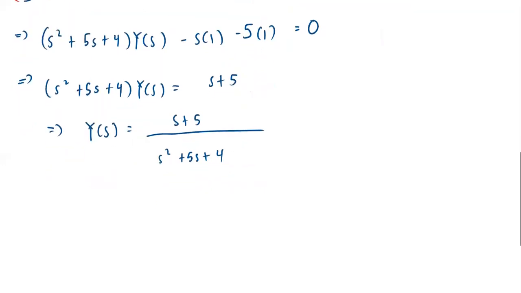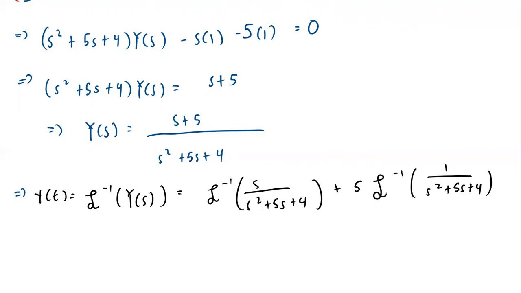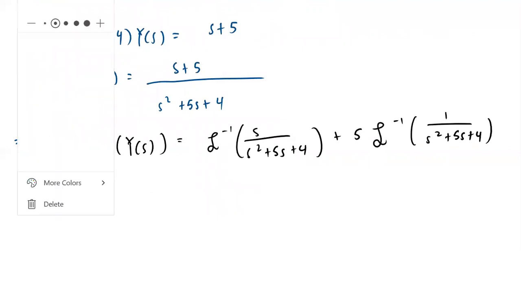By linearity, y of t is equal to the Laplace inverse of big Y of s, which is equal to the Laplace inverse of s over s squared plus 5s plus 4, plus, we can take the 5 out, the Laplace inverse of 1 over s squared plus 5s plus 4. Then you can finish as an exercise. You're going to have to do partial fractions, which we did in a previous example, so you should be able to do it.